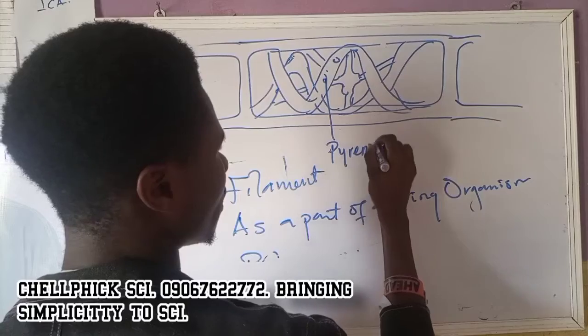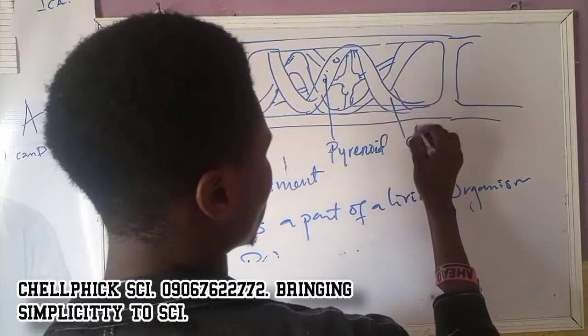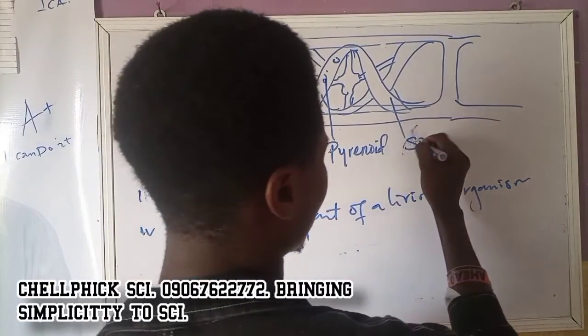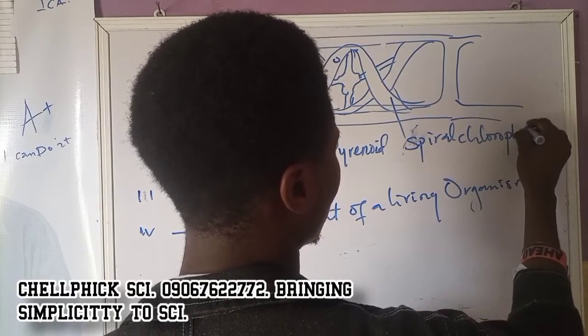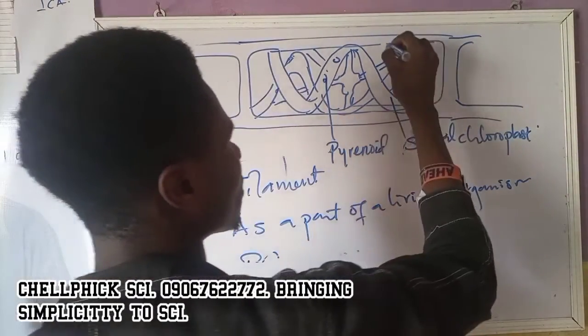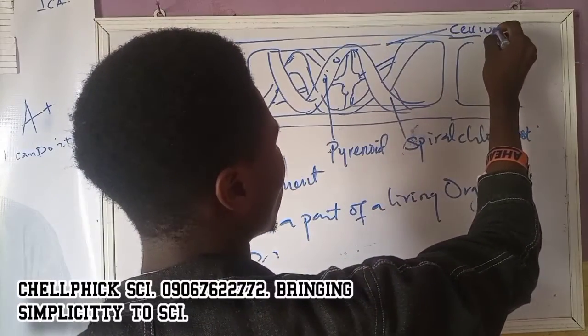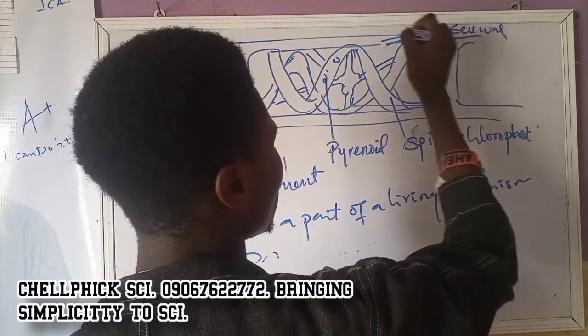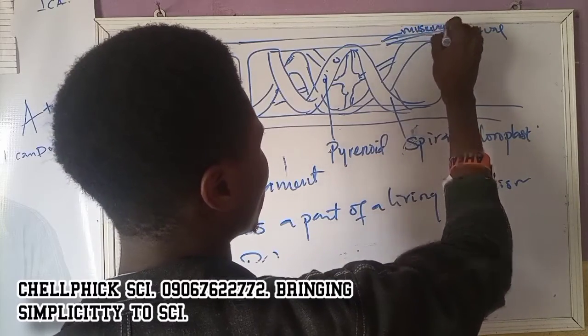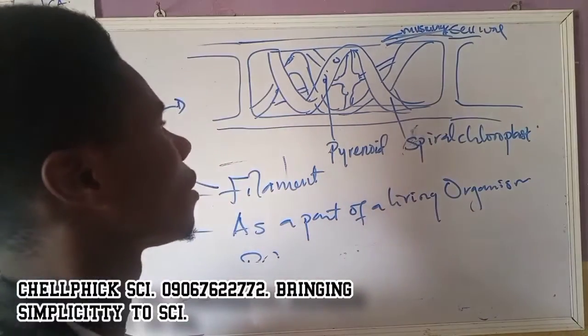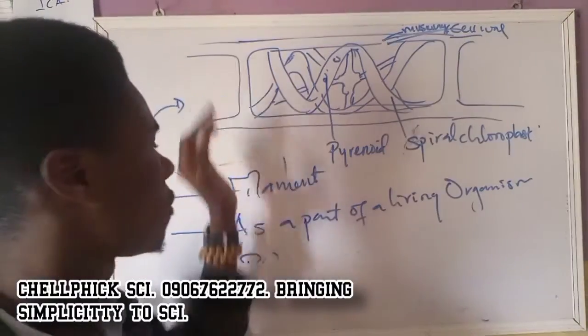This is the pyrenoid. This is the spiral chloroplast. This is the cell wall accompanied by mucilage. So this is a good example of a filament.